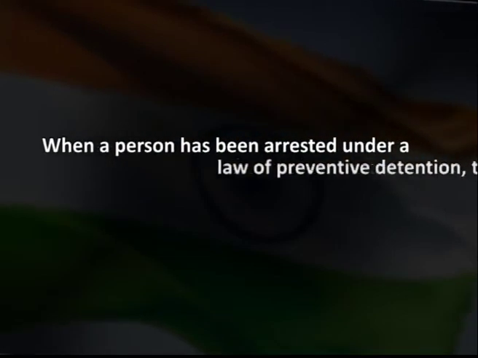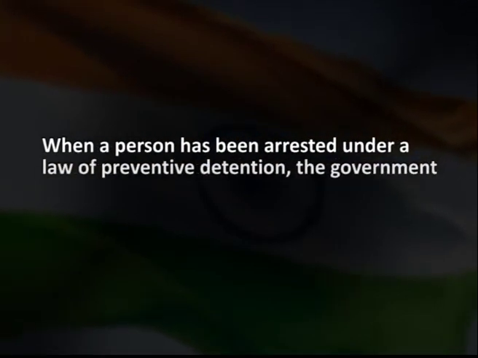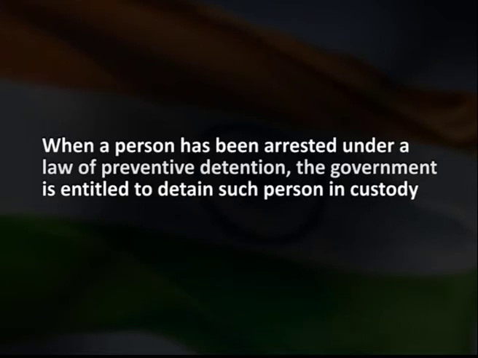These safeguards are, however, not available to an alien enemy, and in the case of a person arrested and detained under a law providing for preventive detention. When a person has been arrested under a law of preventive detention, the government is entitled to detain such person in custody for 3 months.